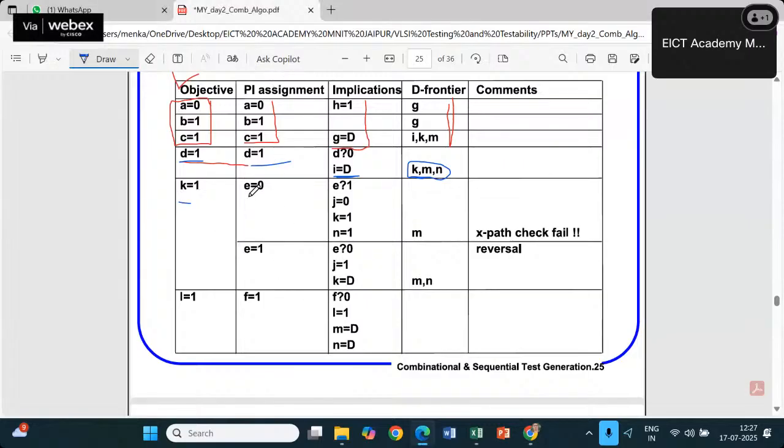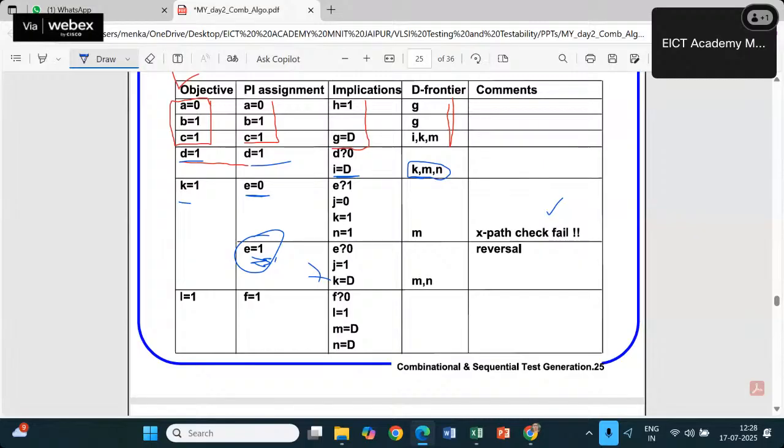So for the PI assignment, we started with the number of inversions, and because of the number of inversions, we found some contradictory solution. If the X-path check fails, then we take the reversal and take the other path. Taking the other path gives us K is equal to D. It means K has to be taken as one of the D-frontier in the decision making.